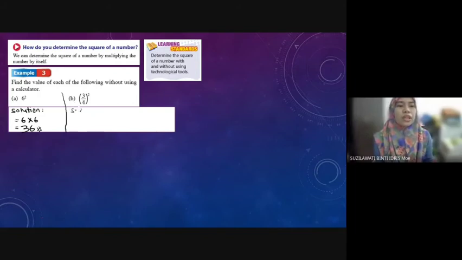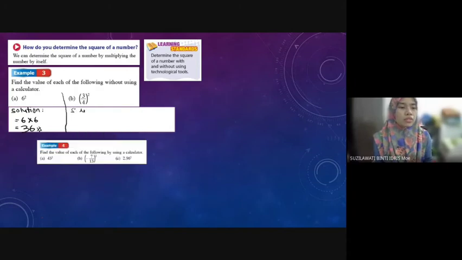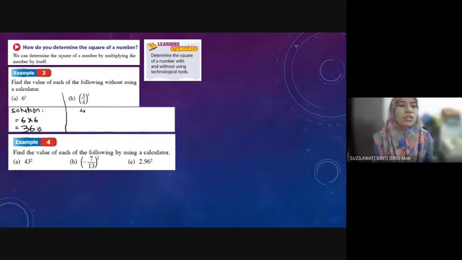Solution B. How can we solve this one? Convert it to decimal? No need to convert. Direct. 3/4 times 3/4, you get 9/16. Good. You just do it twice. Repeated multiplication, as it says here: square of a number by multiplying the number by itself.